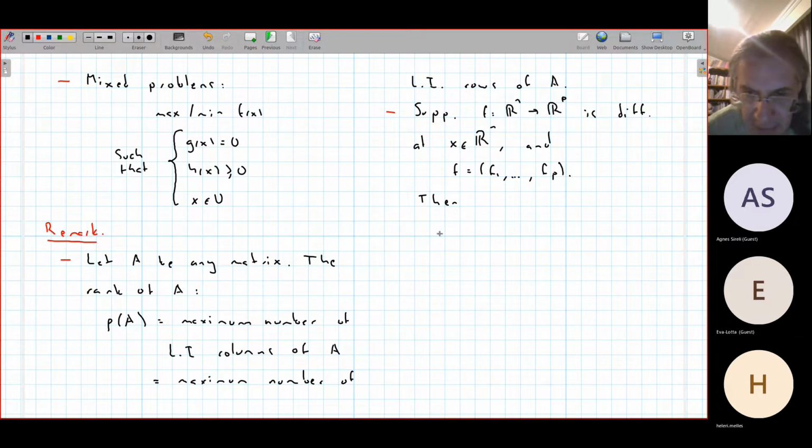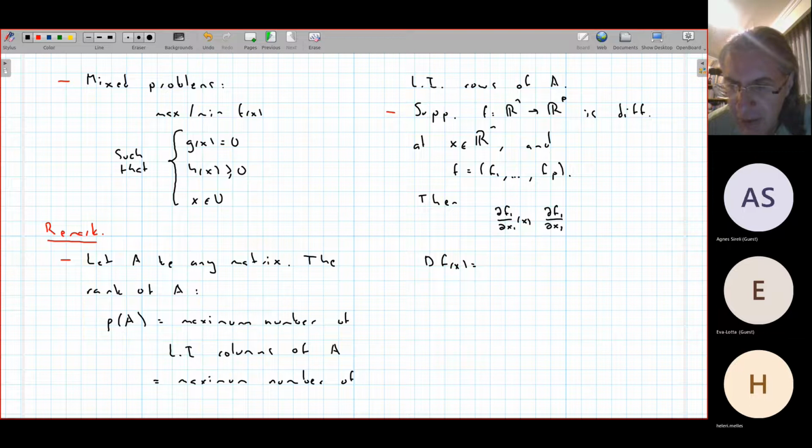Then the derivative of this function is going to be a matrix, right? So it'll be the partial of f1 with respect to x1 at x, the partial of f1 with respect to x2 at x, and so on. In the next row, you have all the partials of f2.